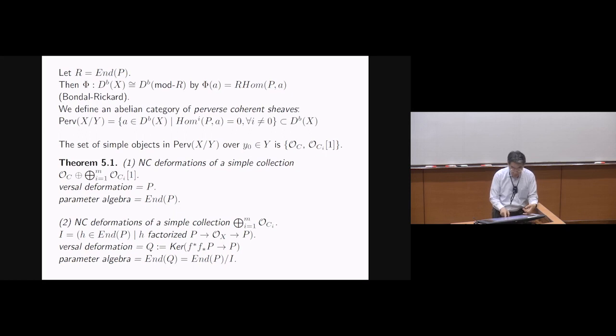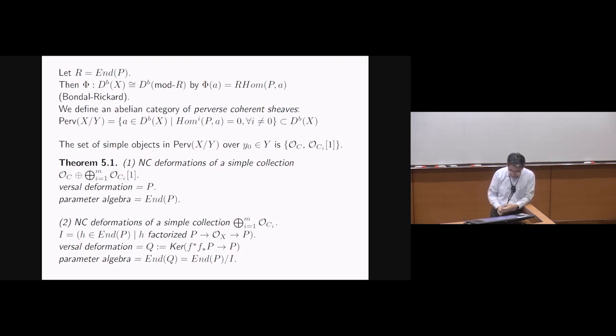So this is supported only on the locus where F is not an isomorphism. For example, if you consider a flopping contraction of a threefold, then it is just supported at an isolated point. But it's much more general.